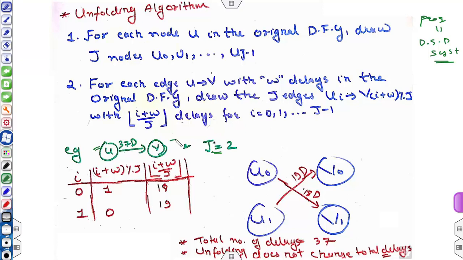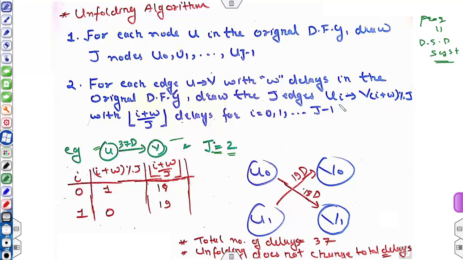Then for each edge u to v with w delays in the original DFG, draw j edges. If there is one edge connecting u to v, then in the two times unfolded version there will be two edges connecting u to v.